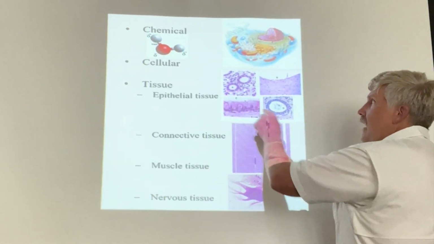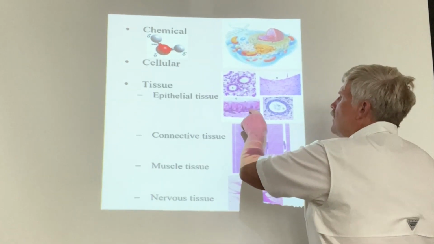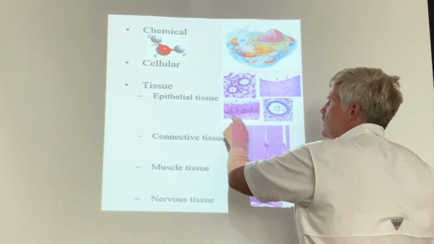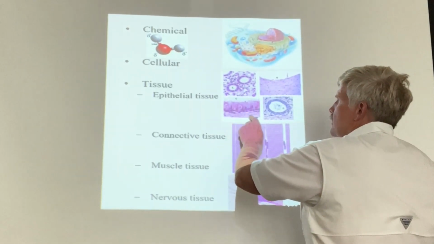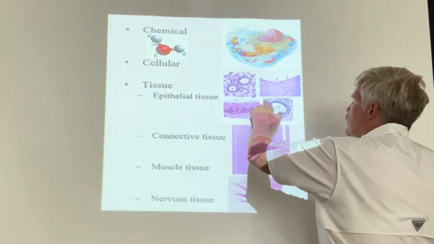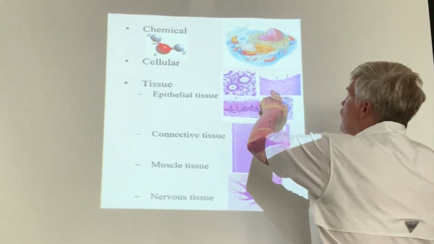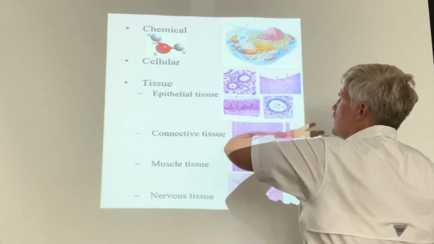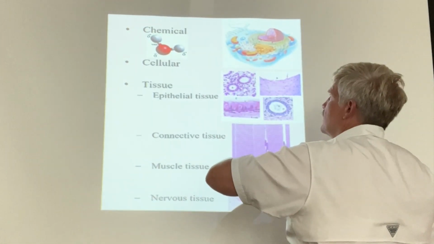So anywhere I have an epithelial tissue, underlying that epithelial tissue is going to be a connective tissue. So here I have connective tissue, here's my epithelial, here's my connective tissue around. I don't have connective tissue here because the section doesn't show the entire depth of the skin.